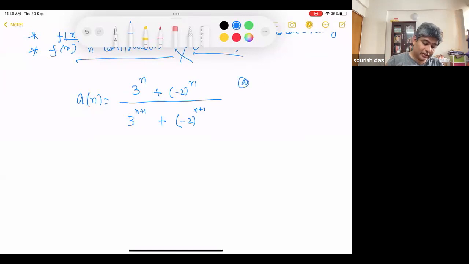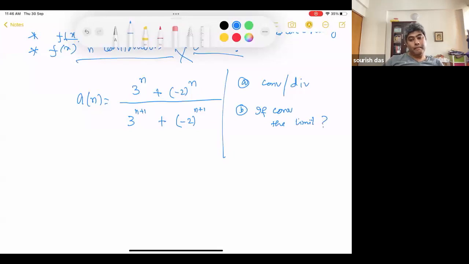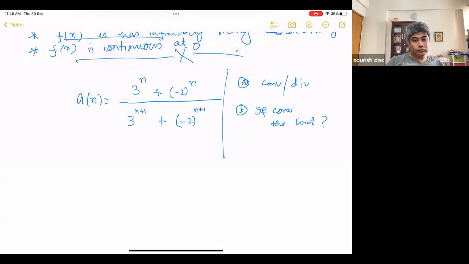So the first question is essentially convergent or divergent, and the second question is, if convergent, what is the limit? How do you approach it?